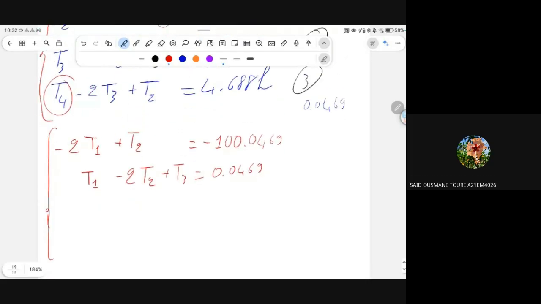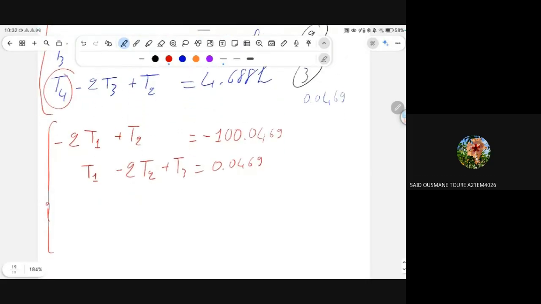Here, T1 doesn't have a value, so we only put T2. I like to keep it here just for the sake of the matrix. T2 minus 2 T3 equals T4, which goes to the other side and turns into minus, so minus 25.0469. Simple as that. Is it clear to everybody?